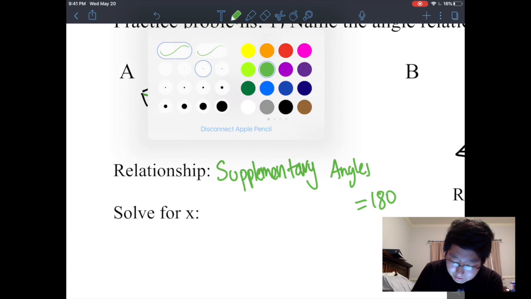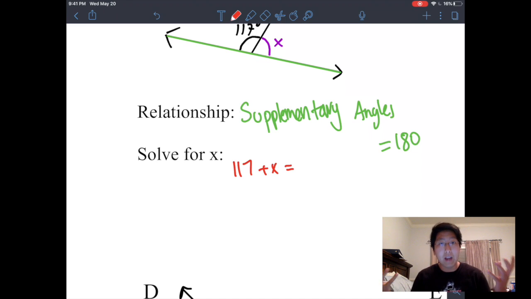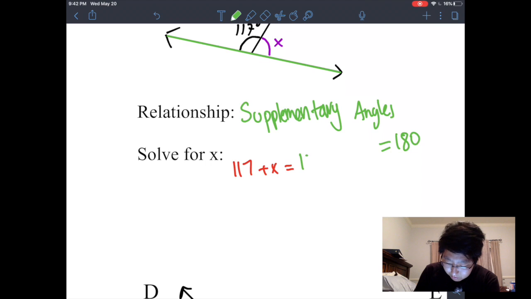So I'm going to take these two distances, 117 and x, and add them: 117 plus x equals 180 degrees. Then here I'm just going to solve for x.